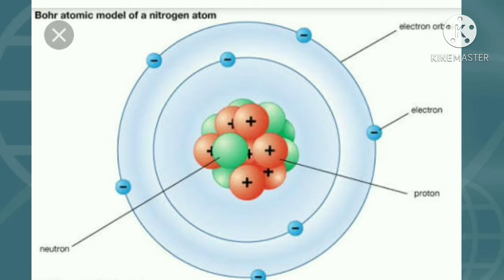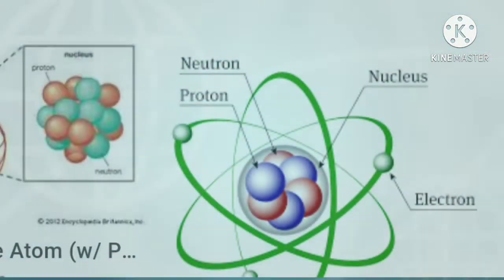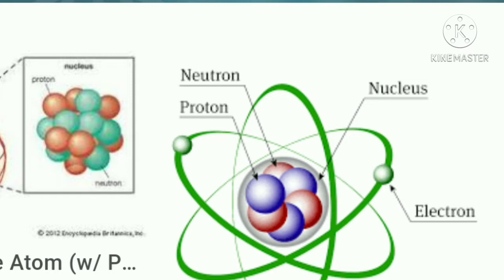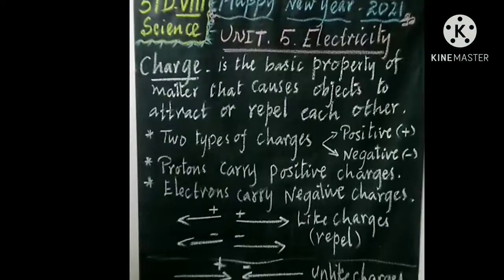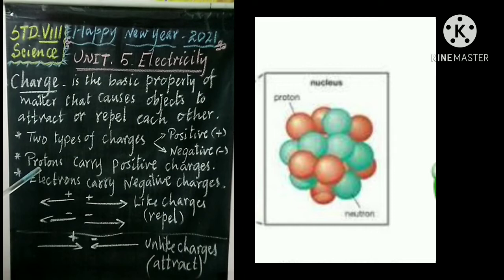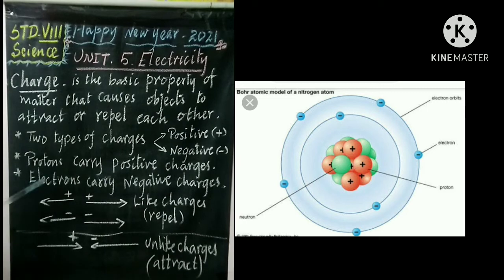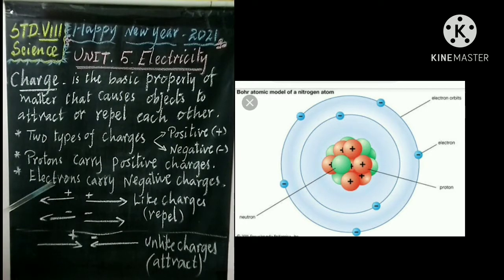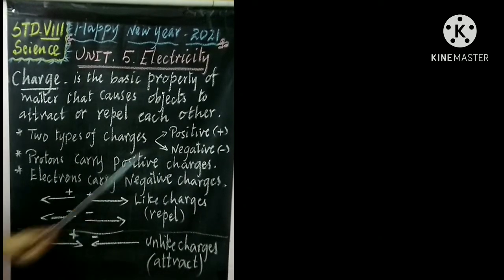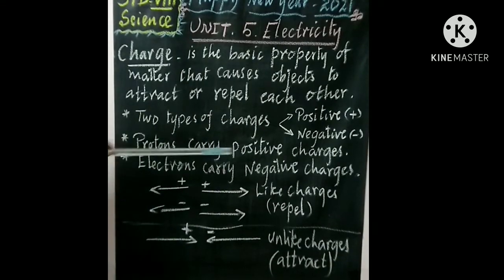The electrons can easily move from an atom, and the protons are not moving. The protons carry positive charges and the electrons carry negative charges. In this aspect, like charges repel each other and unlike charges attract each other.